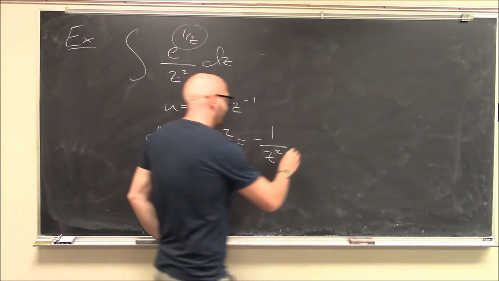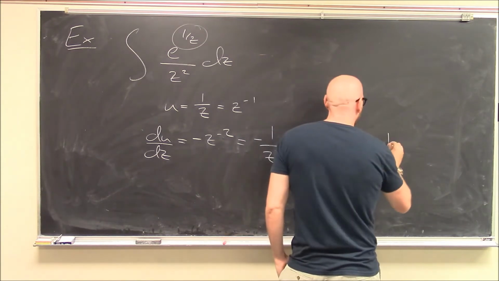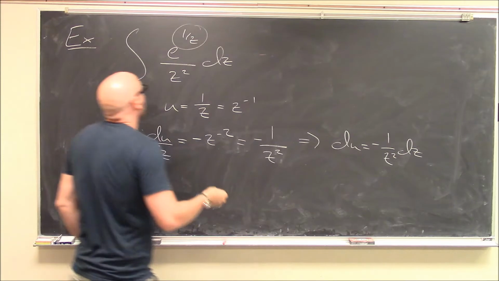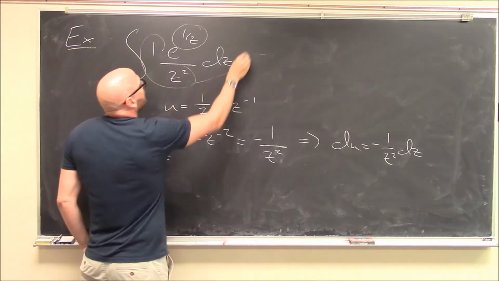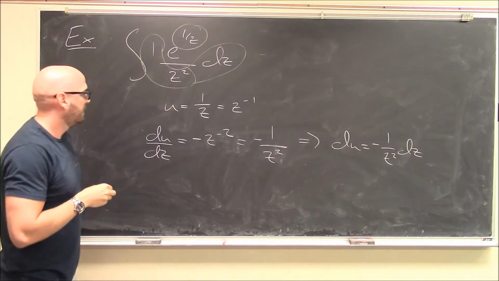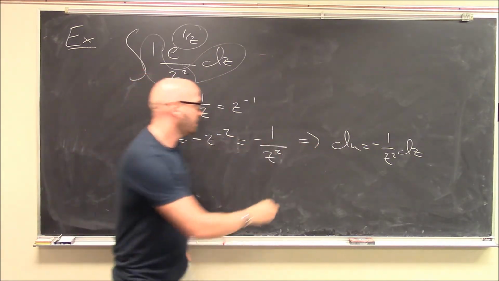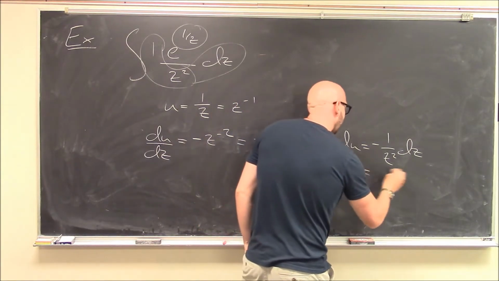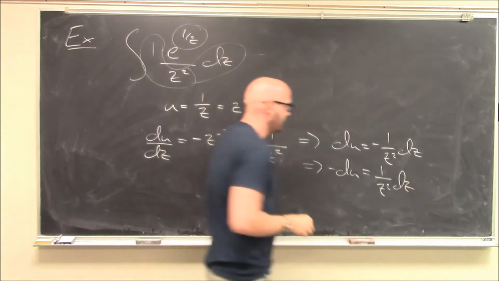So this means du is minus 1 over z squared dz, which is pretty close to what I have here. I'm off by a minus sign, but constant multiples don't matter. I can always fix that. Multiply both sides by minus 1, so minus du is 1 over z squared dz.